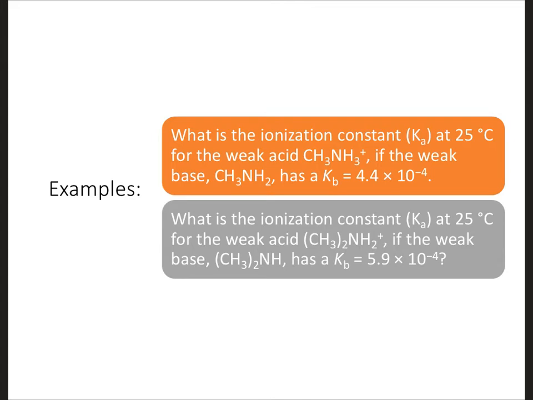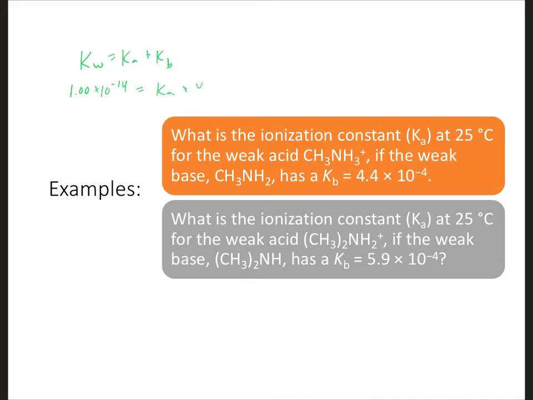So we can do the one at the top. We can say that Kw equals Ka times Kb. They have given us 25 degrees Celsius, which means we're going to have 1.00 times 10 to the minus 14 is our Kw. The Ka is what we're looking for. They've given us a Kb.